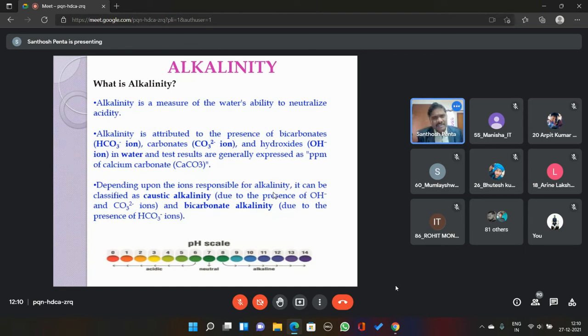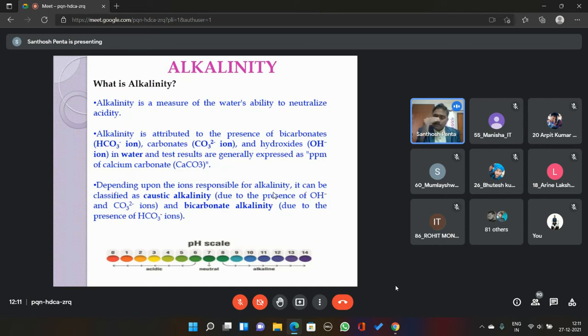We determine the alkalinity with the help of titration. Alkalinity means the water sample has hydroxide, bicarbonate, and carbonate ions, that means basic nature ions. The basic ions must be titrated with acid only, because indirectly it is a neutralization titration.